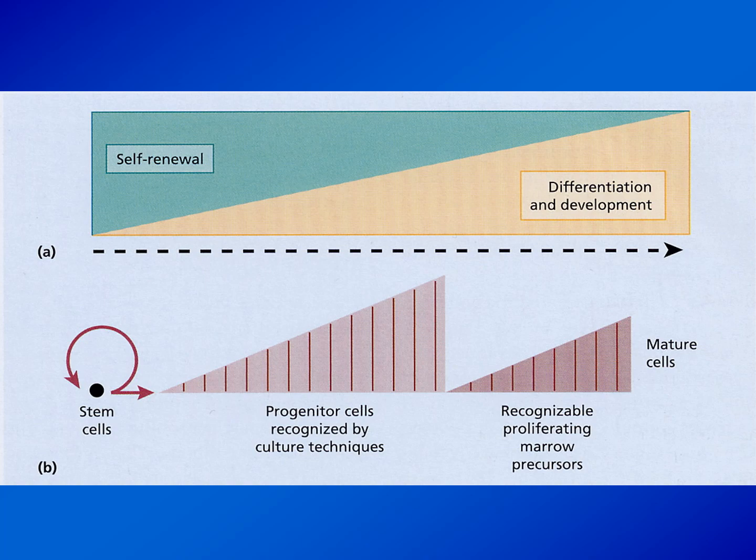And those progenitor cells that are not recognized morphologically will eventually lead to the production of the bone marrow elements that we can recognize by microscopy. These again will proliferate eventually to produce the mature cells. As self-renewal decreases with this process, there is progression in the direction of differentiation and maturation.